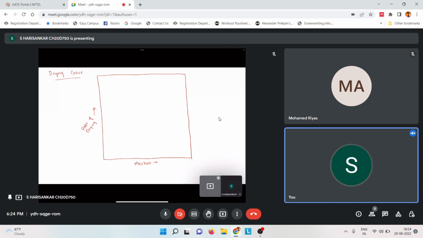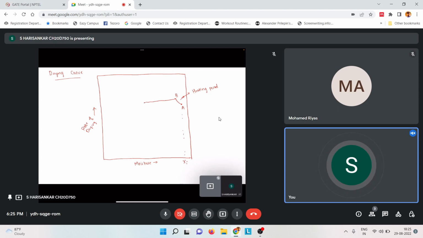Now, let's say we are starting with a point A, and the corresponding moisture content of this point A is Xi, which is the initial moisture content. So this drying curve initially will go like this. This is called the heating period. And let's say it reaches a point B, and from here the curve is flat.